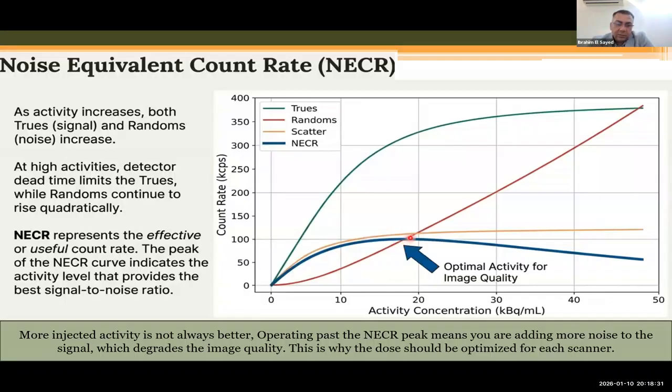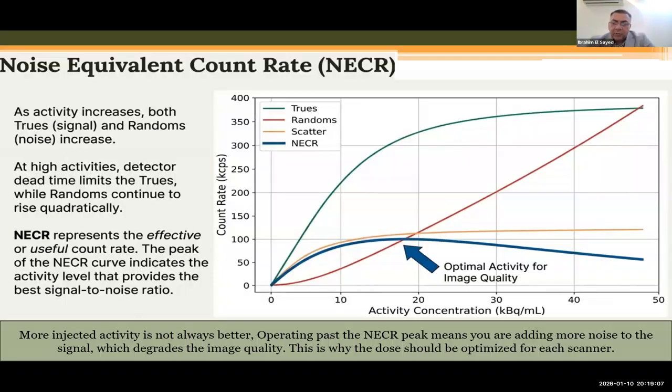Also, the randoms are starting to increase, so we catch it here, and at the same point we catch high true probabilities. Beyond the NECR peak, adding more activity increases scatter and random events faster than true events. So NECR decreases, and the image quality degrades despite higher activity. This does not match the clinician who thinks that more activity means a better image. This is wrong.